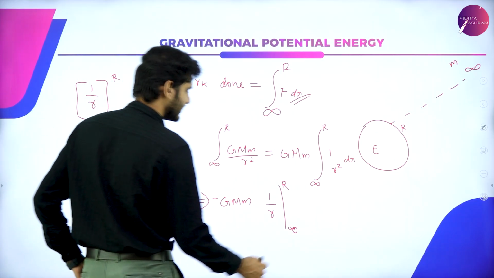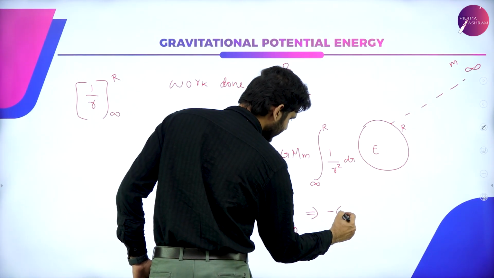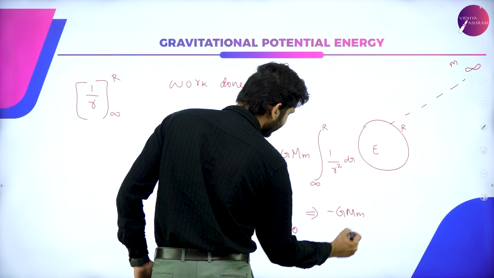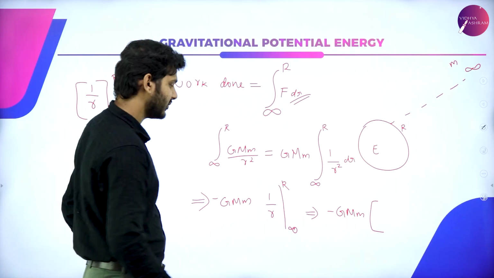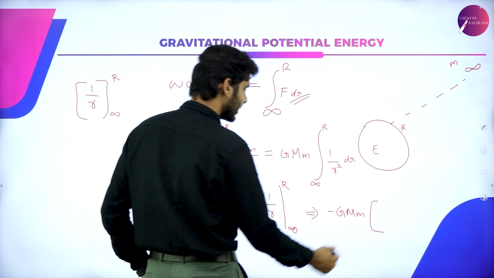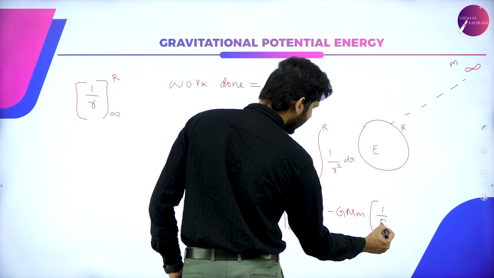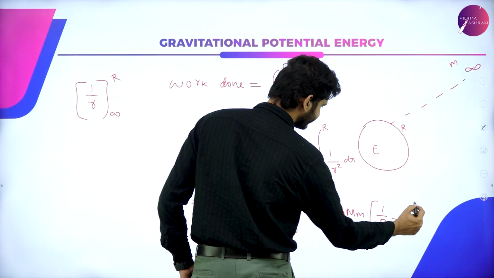So if I write this now, it will be minus GMm into upper limit minus lower limit. You just have to substitute the value to the changing quantity, which is r in this case. So 1 by r minus 1 by infinity.